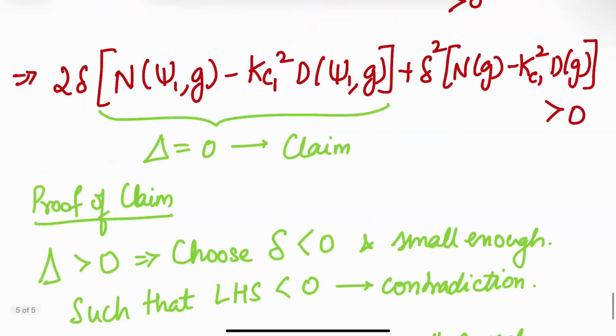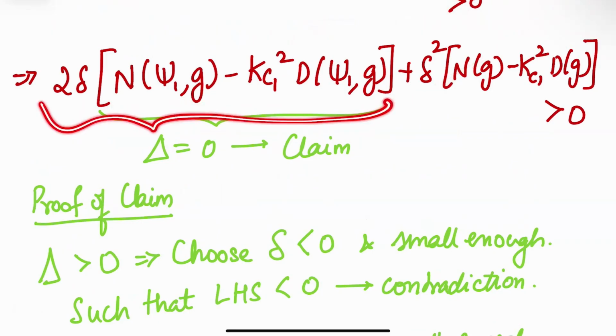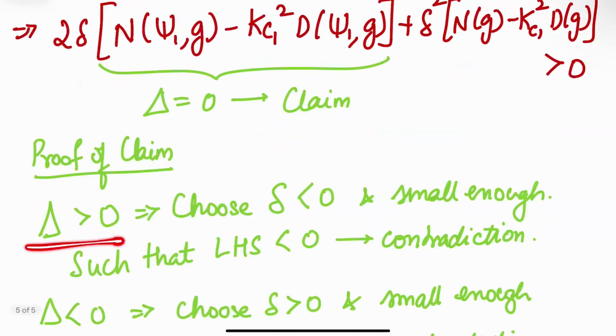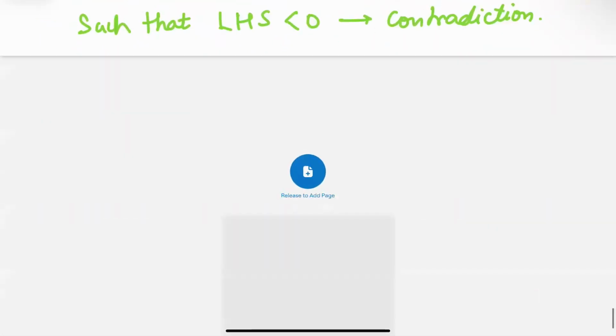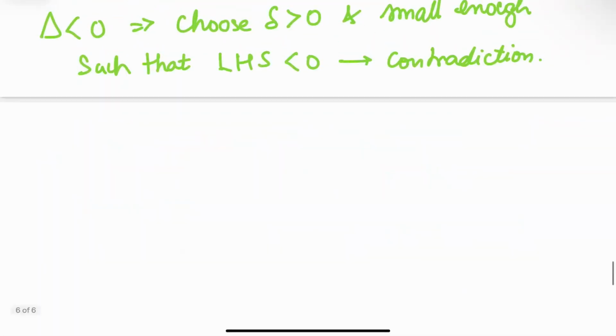So if this term is less than 0, I pick this one to be greater than 0 and small enough such that again this becomes irrelevant and the product is less than 0, which is again a contradiction. So if delta cannot be greater than 0 and cannot be less than 0, the only thing left is for delta to be equal to 0. This implies delta is equal to 0, which is what we wanted to prove.